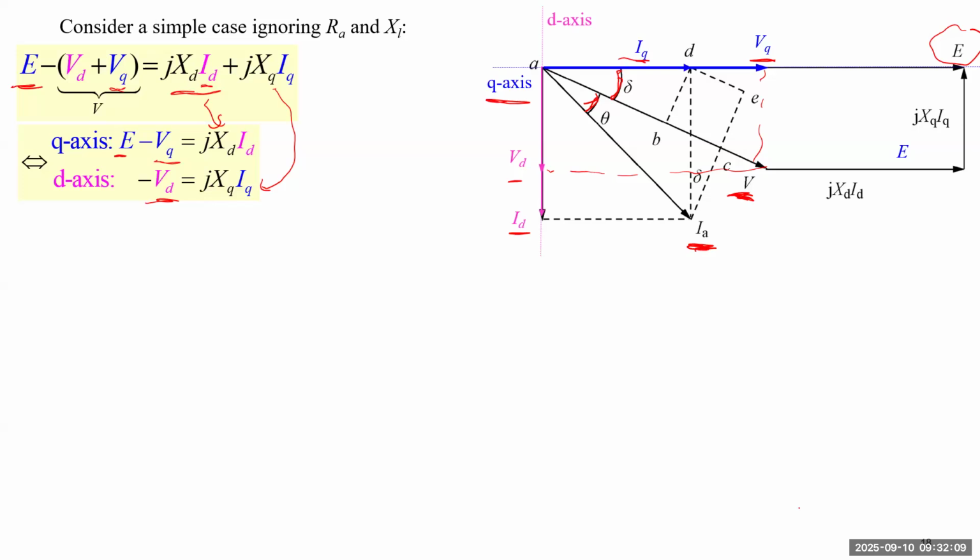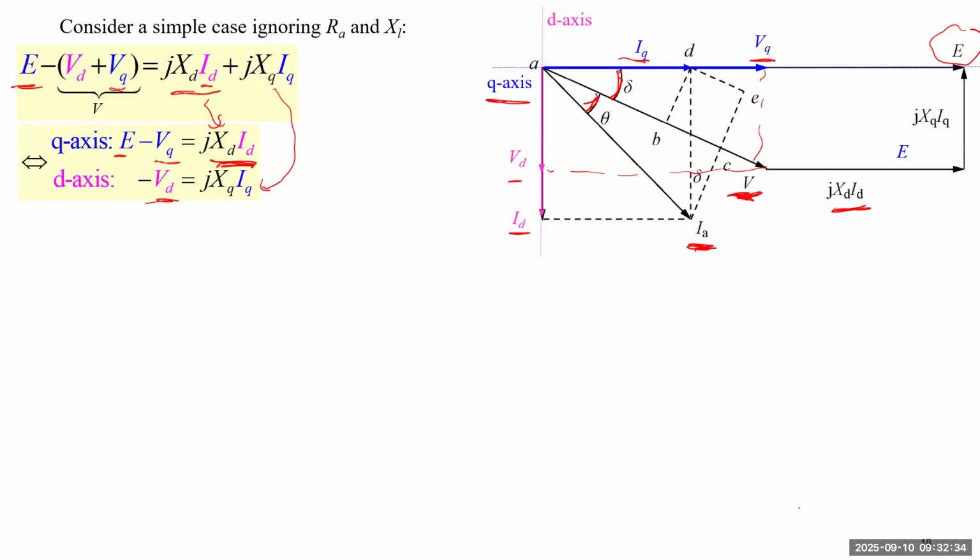All right. First, the current will have a voltage drop in the Q axis, which is this item. That is equal to the D axis component of current multiplied by the reactance in the D axis.